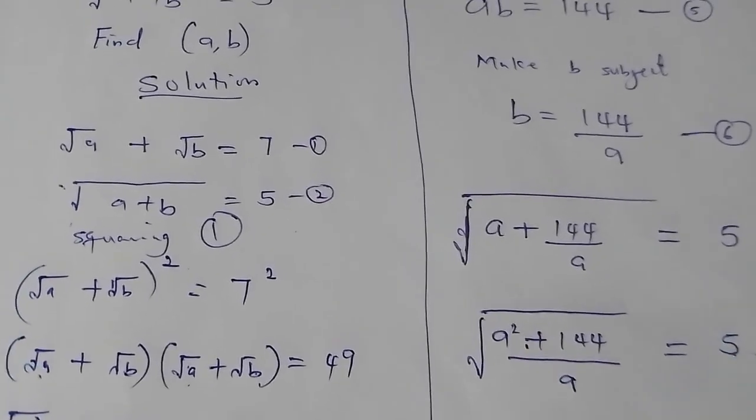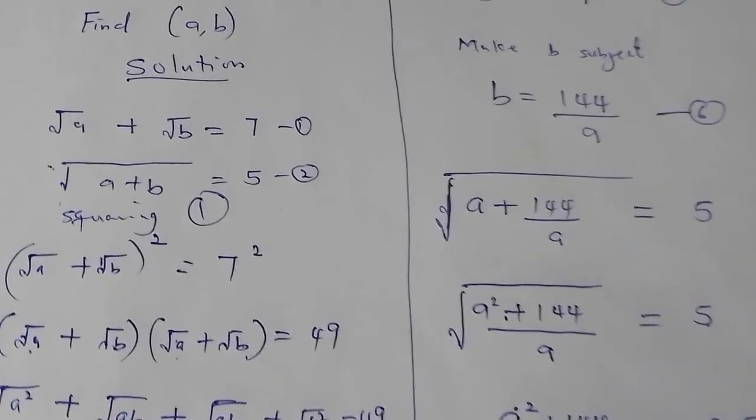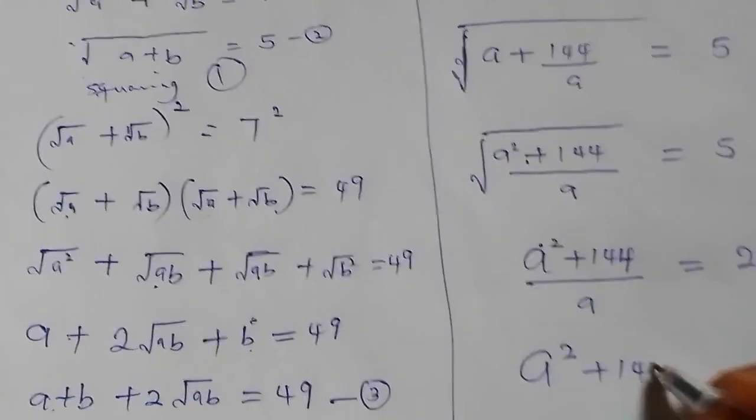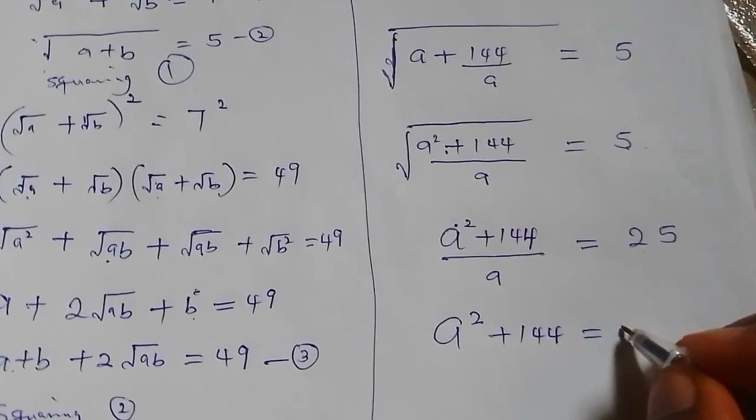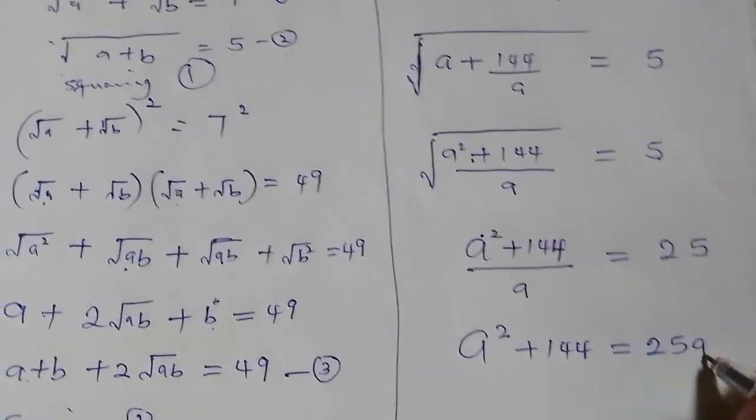The square of 5 is 25. So now by cross multiplying, I will be having A squared plus 144 equals 25A.